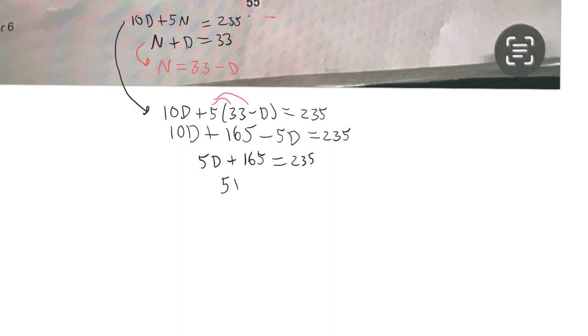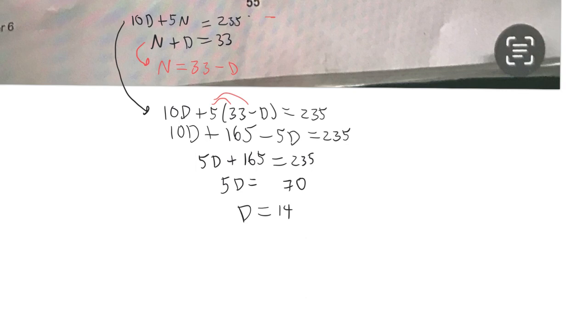Subtracting 165 from both sides, we get 70, and I think that's actually it, right? That would be it. So dividing both sides by 5 would give us 14, I believe.